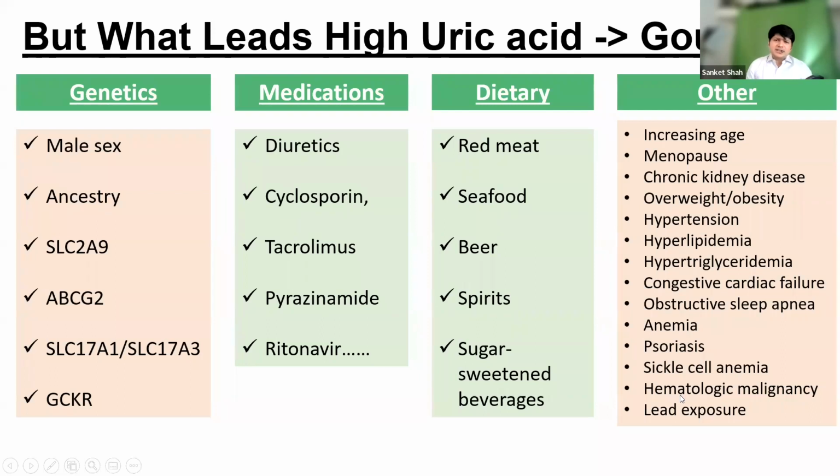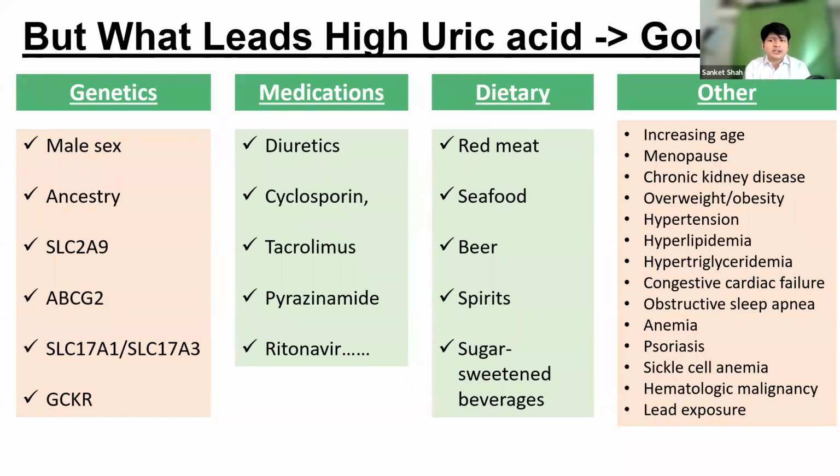So what I say here is, when you get a patient with high uric acid, if there is one of these factors which you may be able to modify, you should modify it, right? Because if I give you an example, a patient who has CKD post transplant and is on one of these drugs, I won't chase that much. I cannot stop the drug, and uric acid keeps going higher and higher.